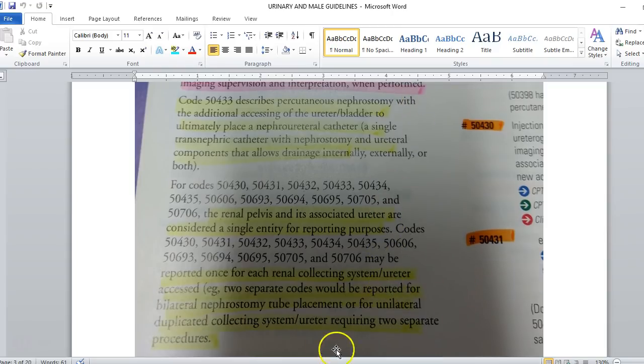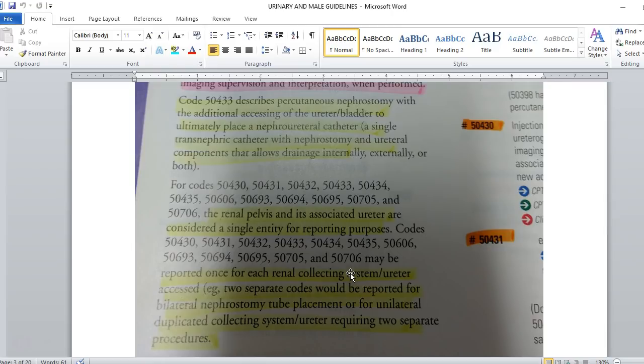So down here, they're telling us for codes 50430, 31, 32, 33, 34, 35, 50606, 50693, 94, 95, 50705, 50706, the renal pelvis and its associated ureter are considered a single entity for reporting purposes. So 50430 is talking about an injection procedure for an antegrade nephrostogram and/or ureterogram, complete diagnostic procedure, including imaging guidance and all associated radiological supervision and interpretation, new access.